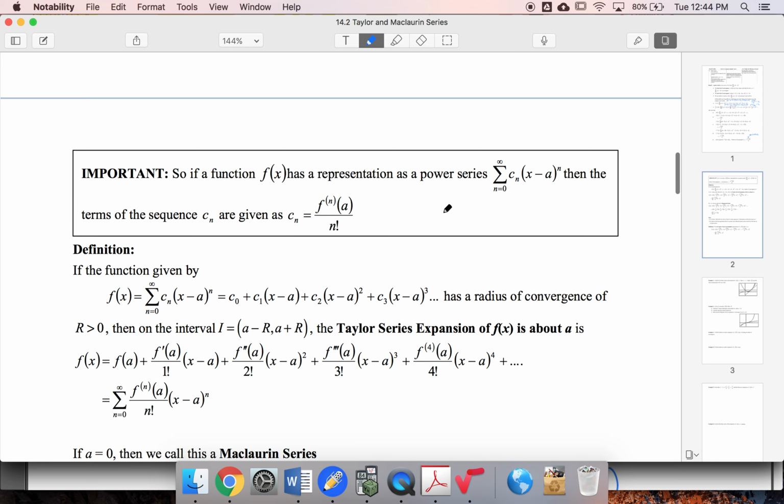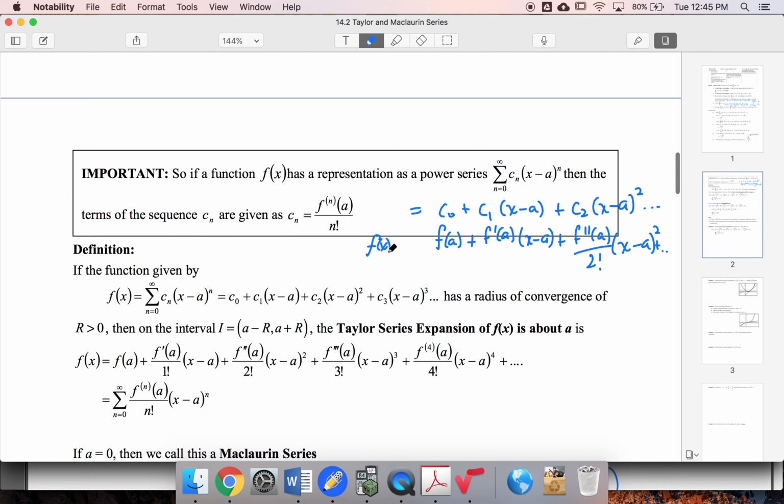So when I expand my power series, I would get c0 plus c1 times x minus a plus c2 times x minus a squared, etc. But I've just said that c0 is f of a. c1 was the first derivative at a, divided by 1 factorial. c2 was the second derivative at a, divided by 2 factorial, times x minus a squared. That continues on. This is my Taylor expansion.